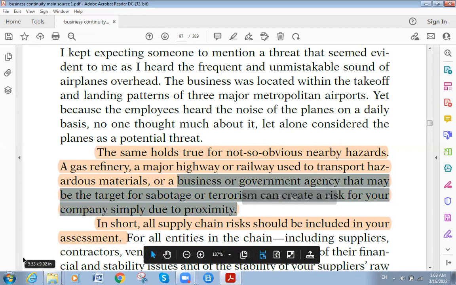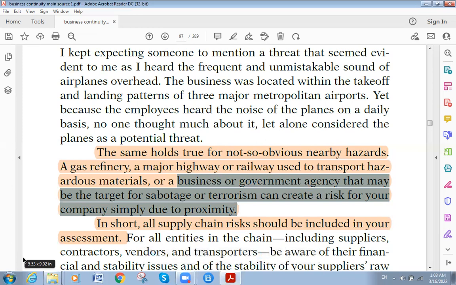So even if the hazard or the risk is not touching you directly, it might be touching you in an indirect way through who is very close to you.